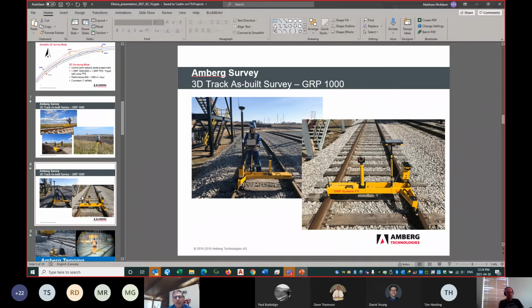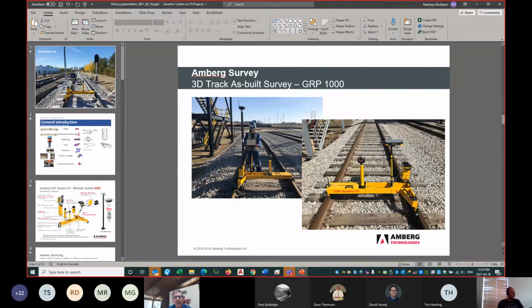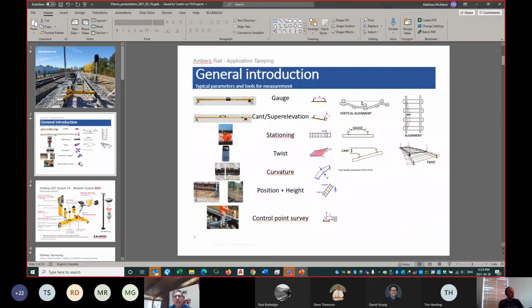Hey, Matt, in the beginning, you went over some of those definitions: super elevation, cant, gauge, et cetera, and you referred to those drawings. Is it possible to get a description of those different things? I think that would be helpful. Yeah, I can dig that up.